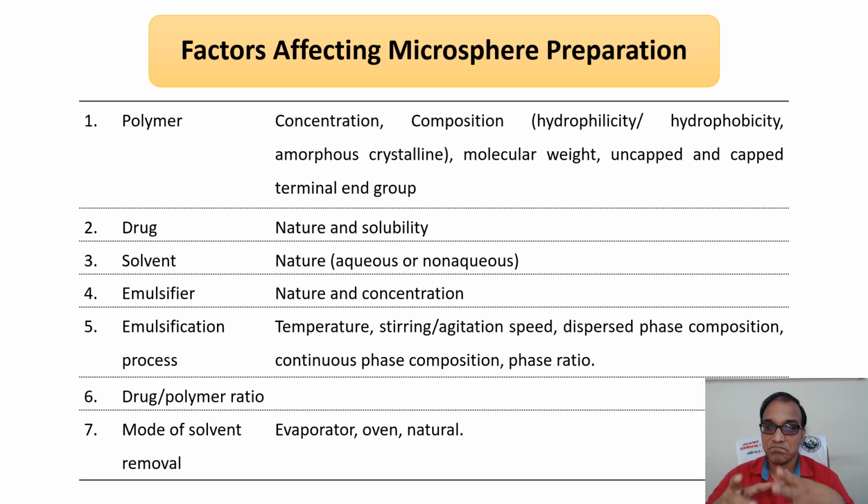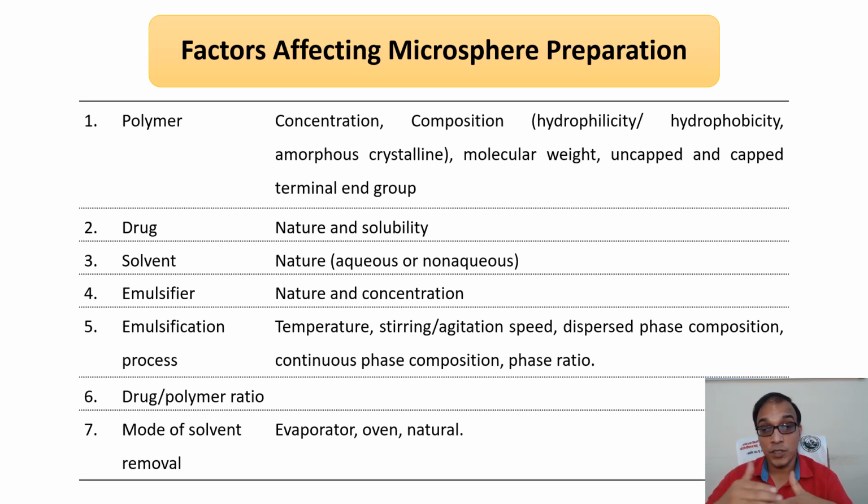For the solvent, the nature of the solvent matters, whether it is aqueous or non-aqueous. Okay, its safety may also be there. Its cost may also be a factor. Emulsifier, its nature and its concentration.